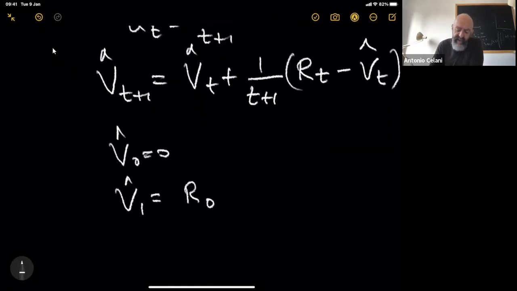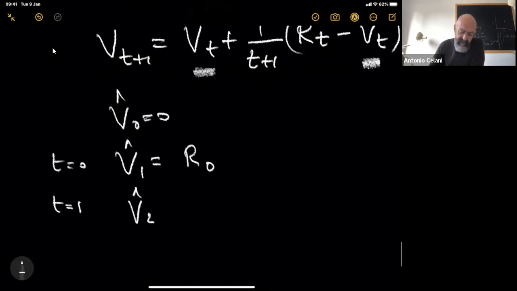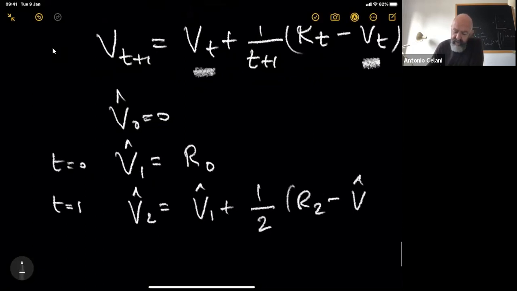Here I'm just replacing V0 with 0, and then I'm taking R0 divided by t plus 1, but t is 0 here. So this is t equals 0. Do you agree with that? Fine. Then let's go to t equals 1, which gives me my estimate V2, which is V1 plus 1 over 2 times R2 minus V1.